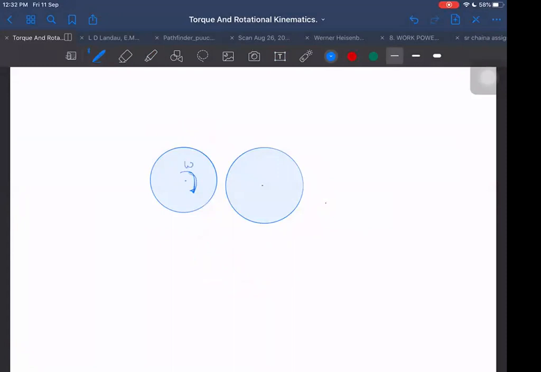One is rotating with angular velocity omega naught, and the other is at rest. It has radius smaller, and this one has capital R. Both are free to rotate only about their axes. Axes are fixed, points A and B are fixed, but these are rotating smoothly about those axes. In between, there is friction mu.